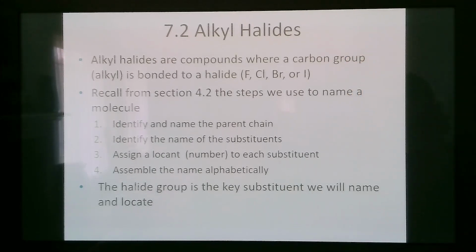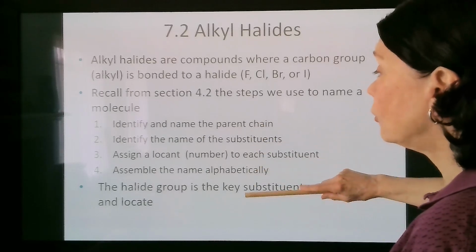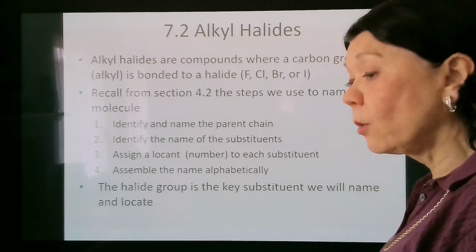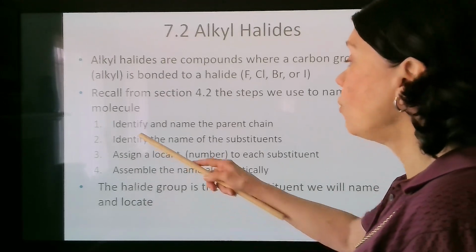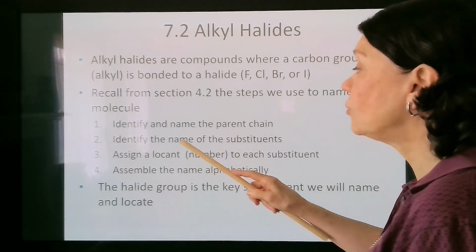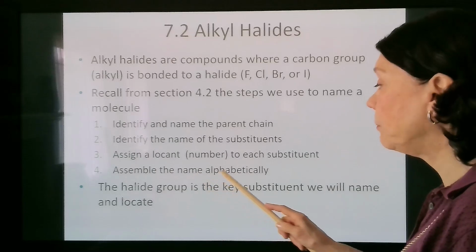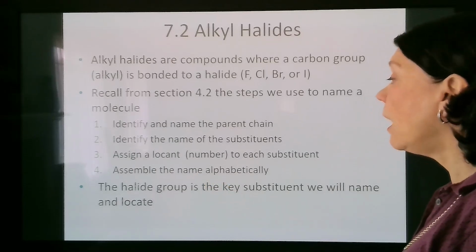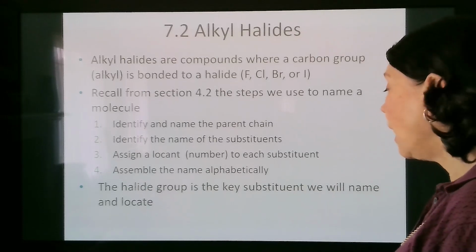So, I've already discussed what alkyl halides are. As nomenclature, you're going to follow a lot of the same rules that you already learned. For alkanes, you identify and name the parent chain, identify the name of the substituents, assign a locant, the number, to each substituent, and you assemble the name alphabetically. The halide group is the key substituent.